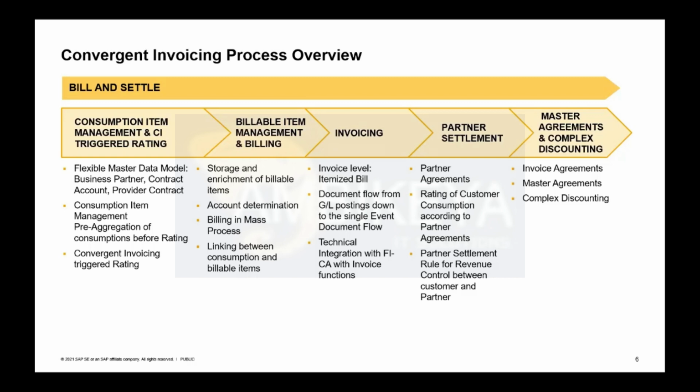We have flexible data models here with a business partner and contract account, and we can use a provider contract in case we integrate with Convergent Charging and use consumption items. We have to use a provider contract. Here we have the possibility to already do the pre-aggregation for the consumption item management.